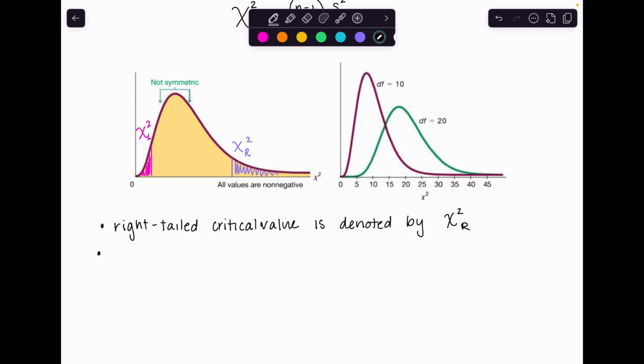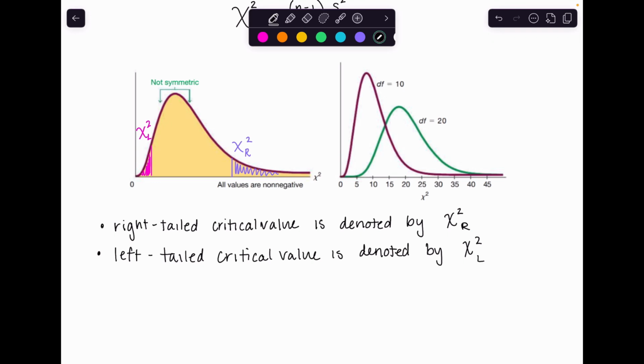And the left-tailed critical value is denoted by chi-squared L, to the left.